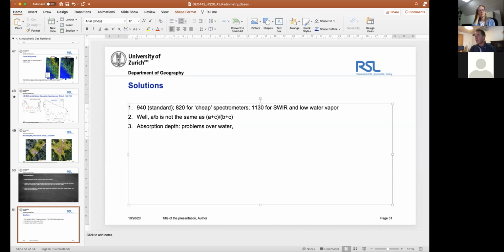That's why you'd have problems over water, snow, and humid vegetation, because there you get a crosstalk to the water in these targets on the ground.